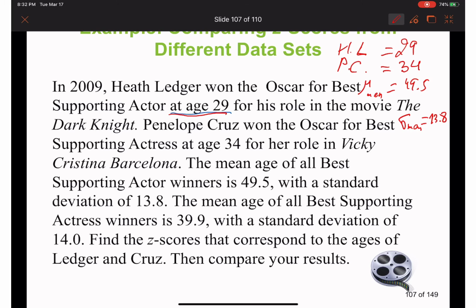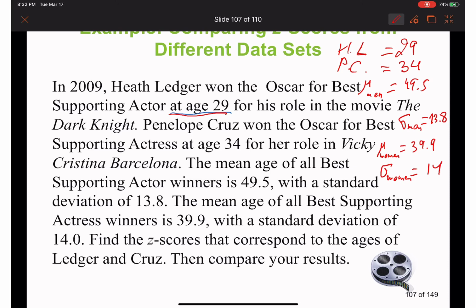The mean age for Best Supporting Actress, women, is 39.9, with standard deviation 14. Find the z-scores that correspond to the ages of Ledger and Cruz.